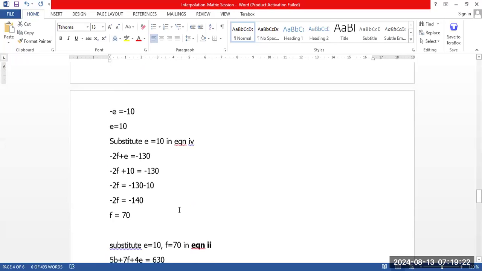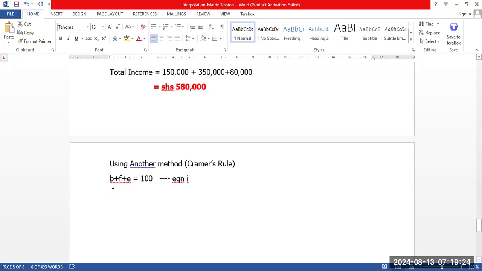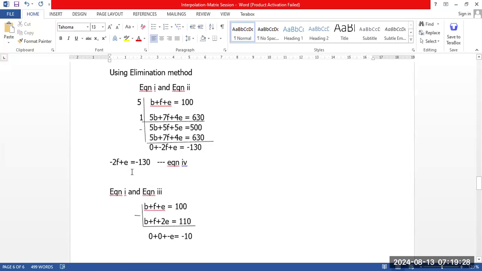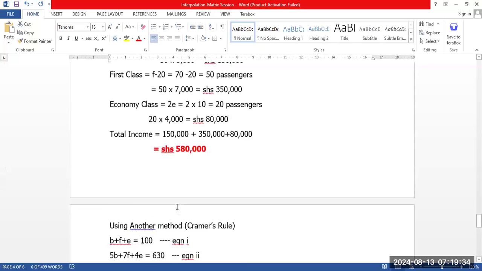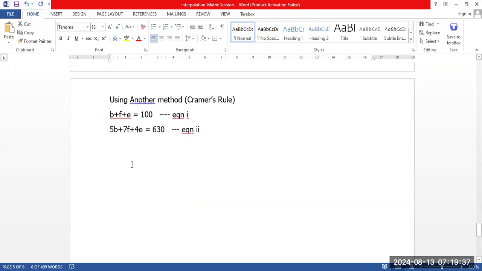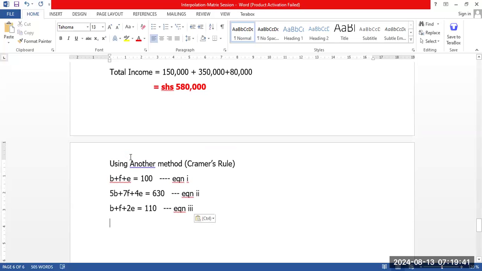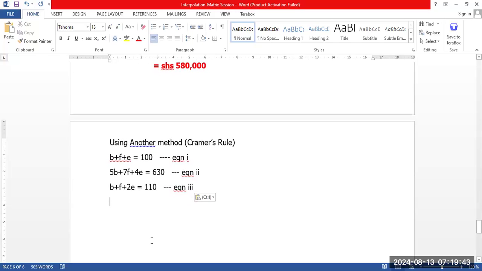No, examiners are funny. Remember, it is part of the matrix. Okay, we have 3 equations. This is related to matrix. And with Cramer, it is not hard.